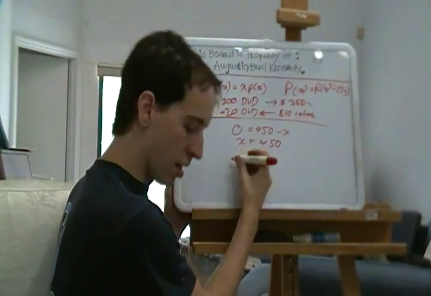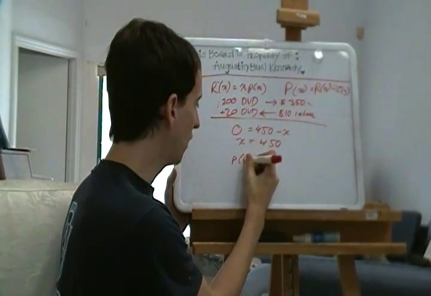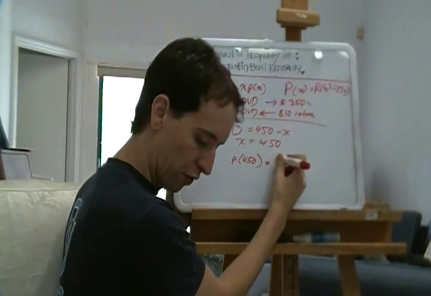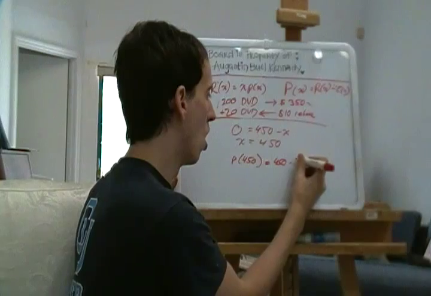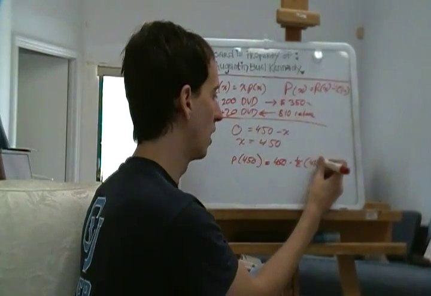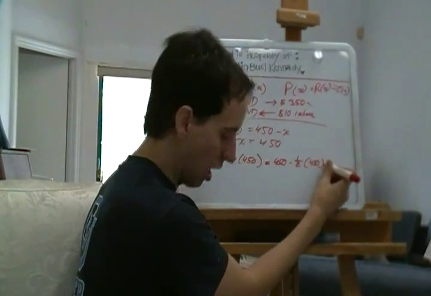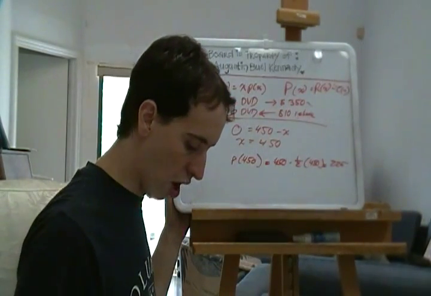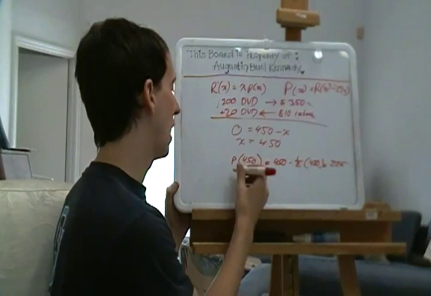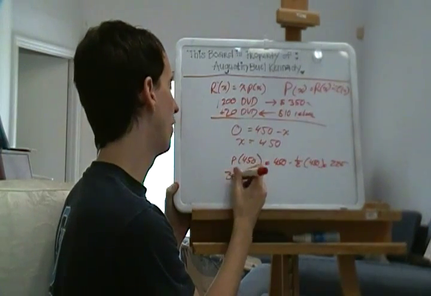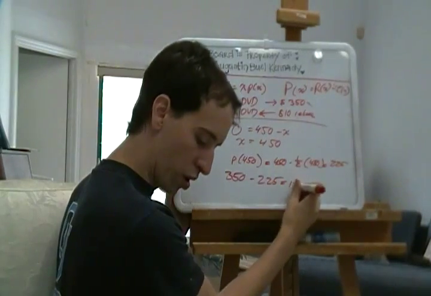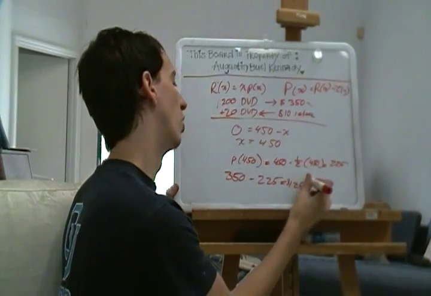P of 450, because P of x is the demand function, is 450 minus 1/2 times 450, or 225. So the rebate is going to be 350 minus 225, or 125, the ideal rebate.